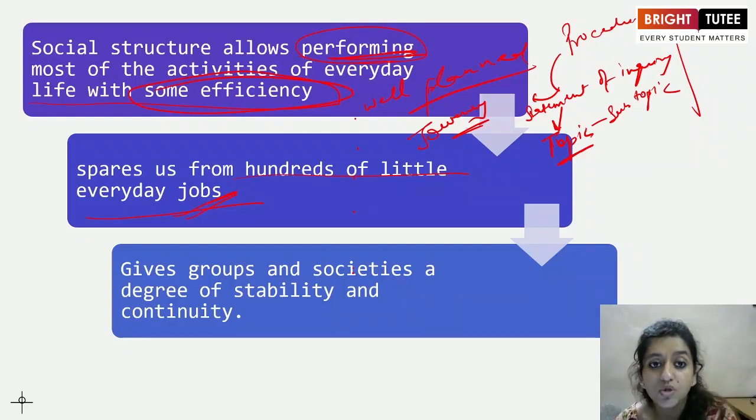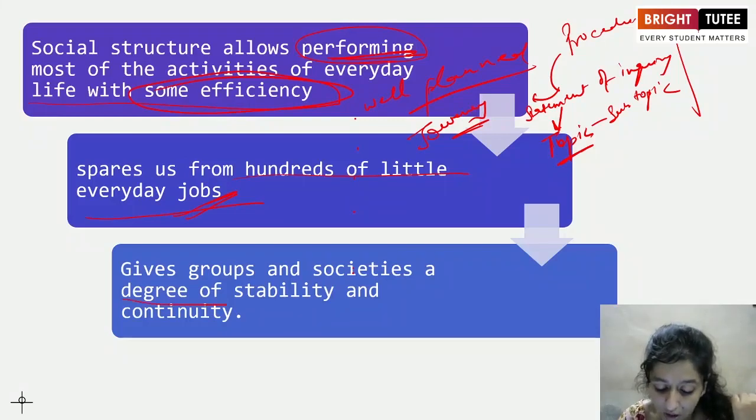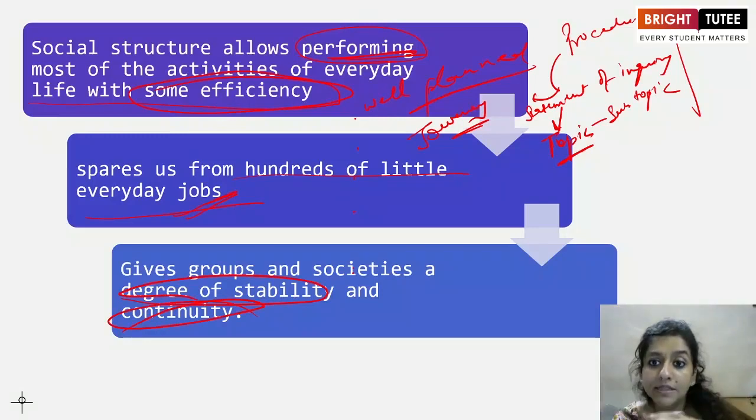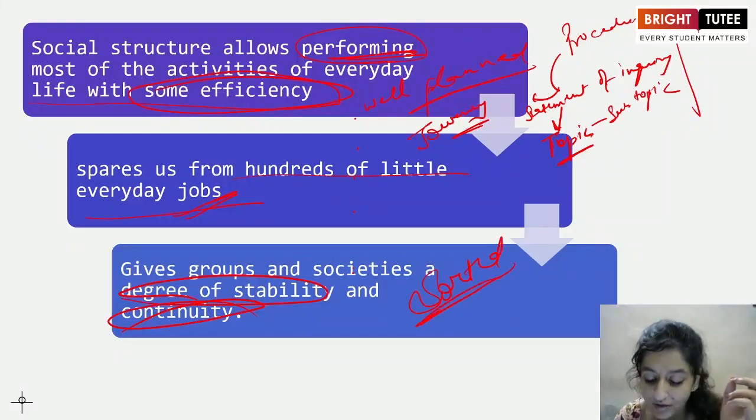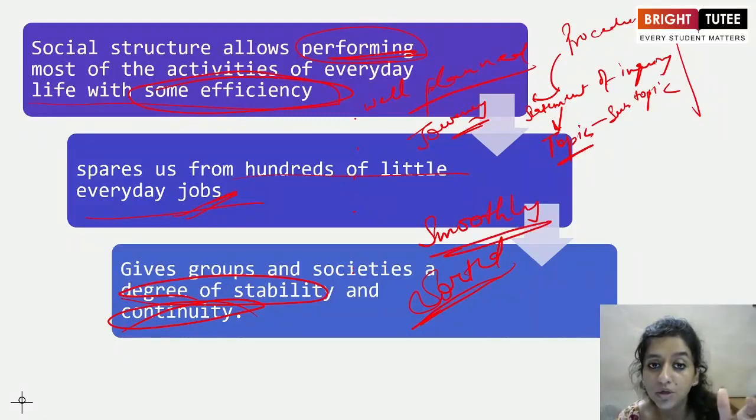So that is also a part of the social structure. It gives groups and societies a degree of stability and continuity. You have a stability that, okay, I will be doing this task, you will be doing that task. So it is in a way a sorted system, a system which is smoothly going on, which does not have a lot of interference from one or the other groups.